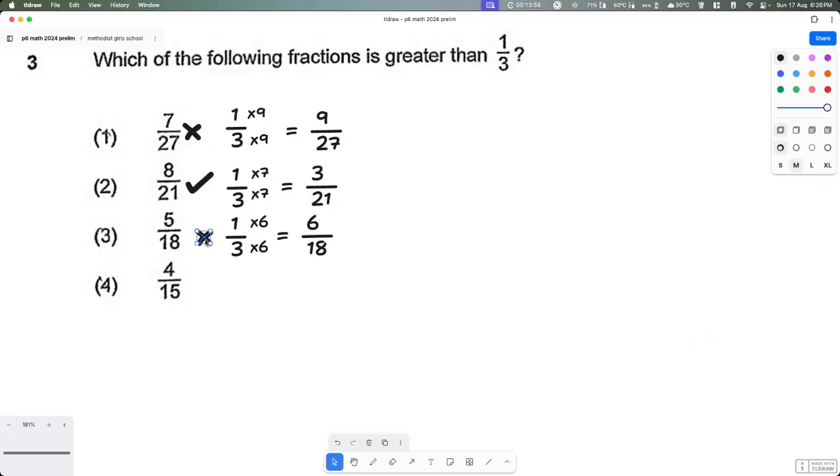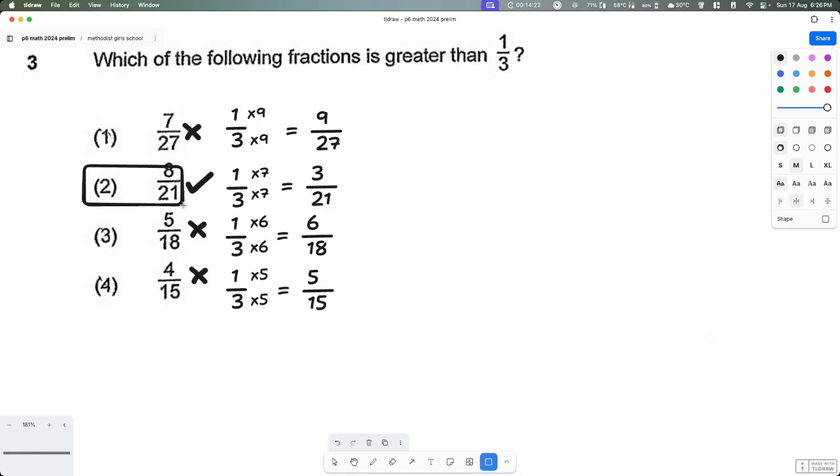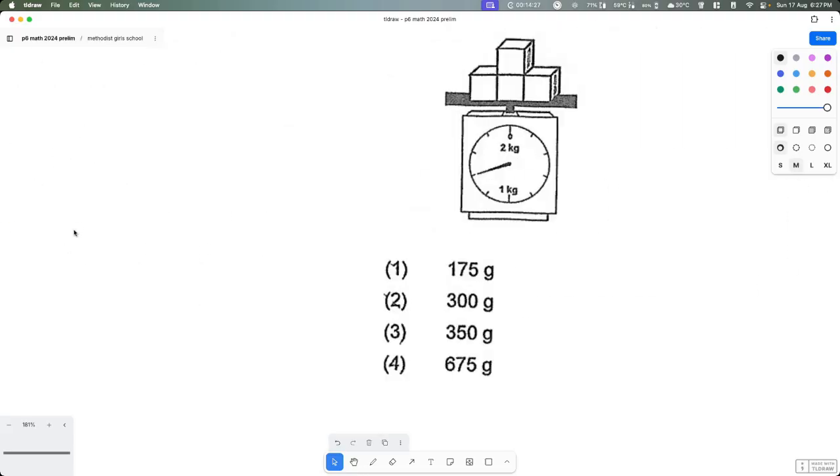Lastly, for 4 out of 15, what can we multiply by as well? 1 out of 3 times 5, and this will equal 5 out of 15. This is wrong as well. So the answer is option number 2. There you go. All right, let's move on to question number 4.